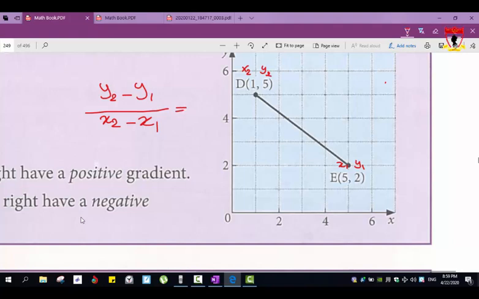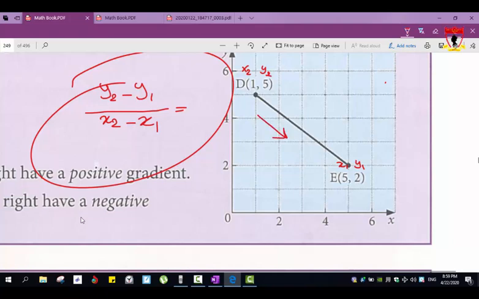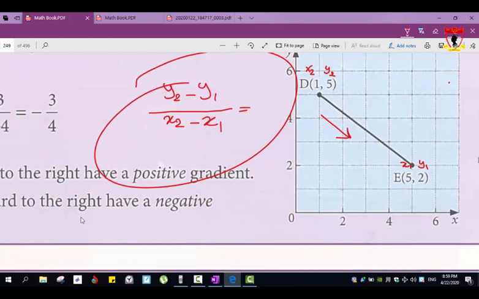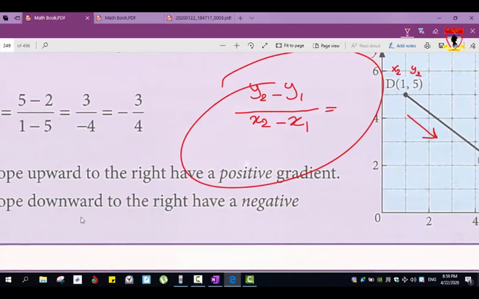And this way, automatically, it sets the negative or the positive sign for the gradient. As this line is going down, it must have a negative gradient. And as you see here, it is 5 minus 2, which is equal to 3. And 1 minus 5 is equal to negative 4.